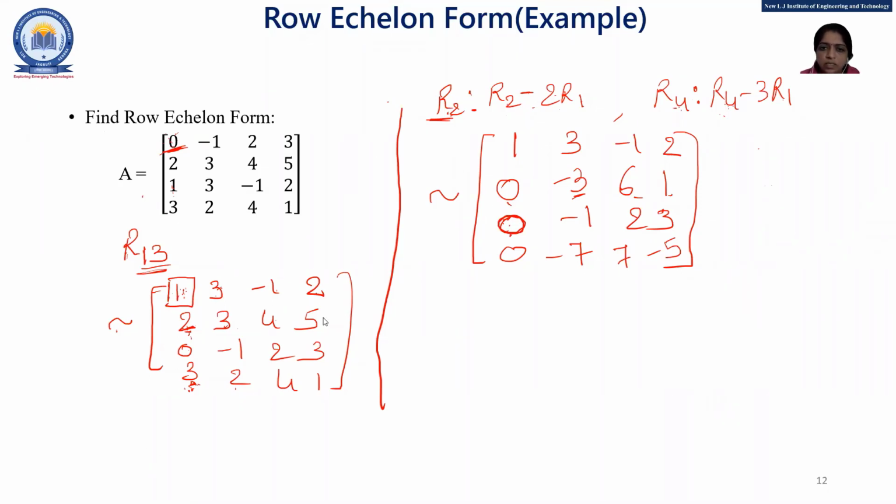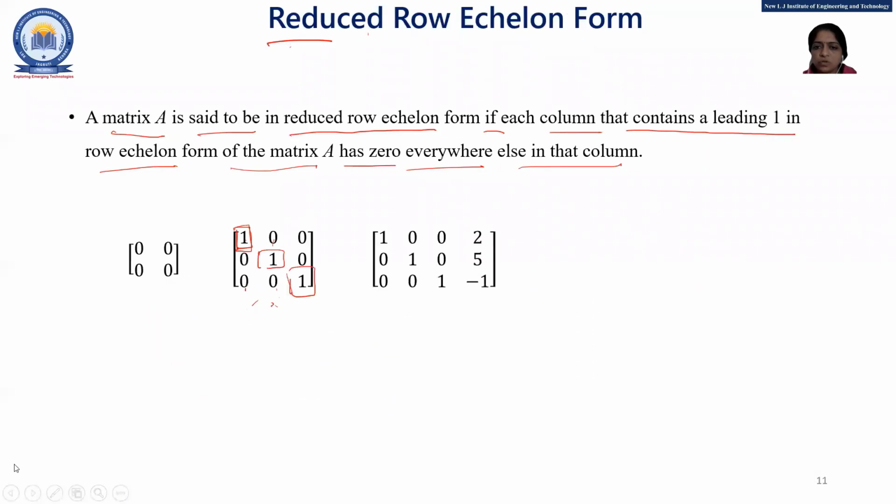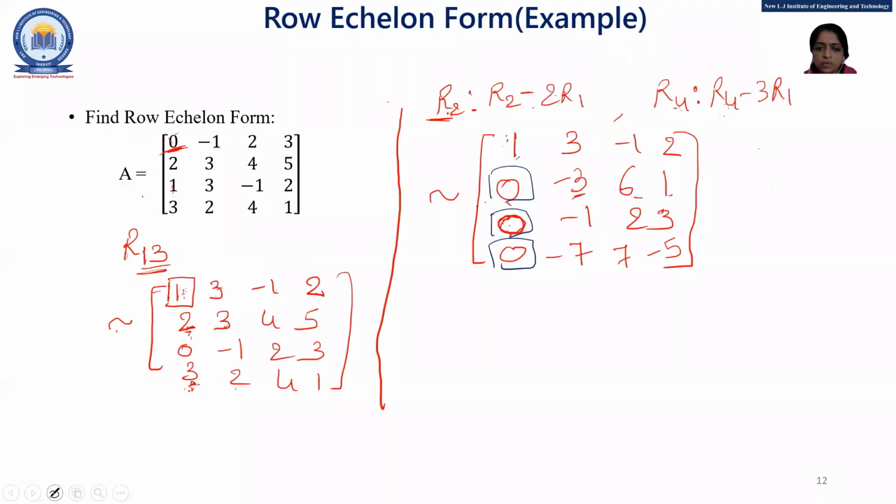So first we did, students, we convert all our elements in the 0 below this leading element. Okay. Now we'll move. See, this is our leading element of the first row, right? Now we'll move for the second column.